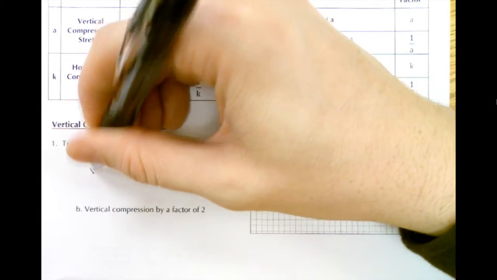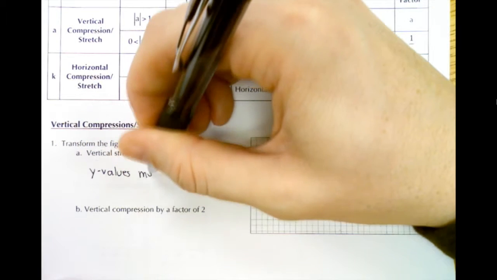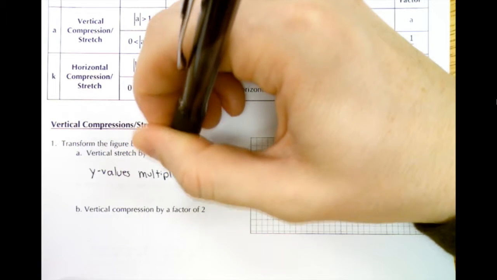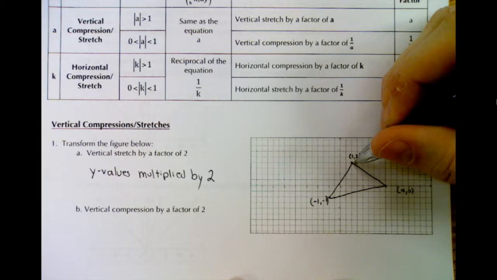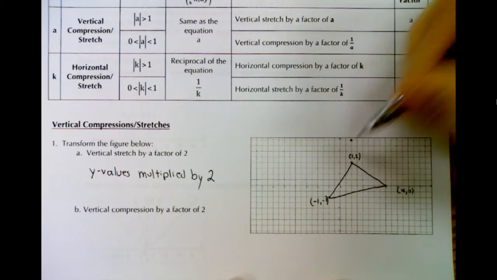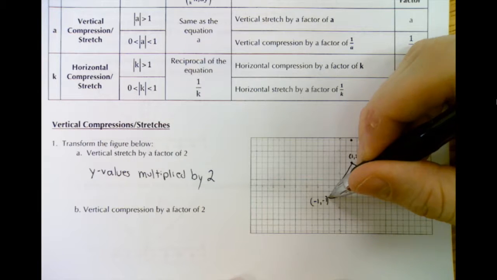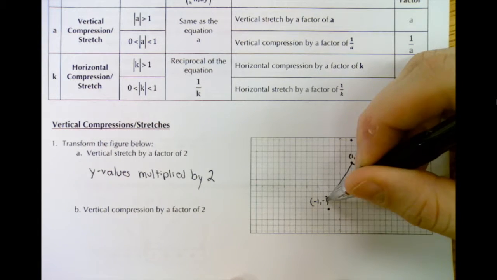And the way we do that is we're actually multiplying the y values, and we're multiplying them by 2. So we take our 1, 2 point, and it would actually become 1, 4. We'd take our -1, -1 point, and it would become -1, -2, because we're multiplying the y by 2.